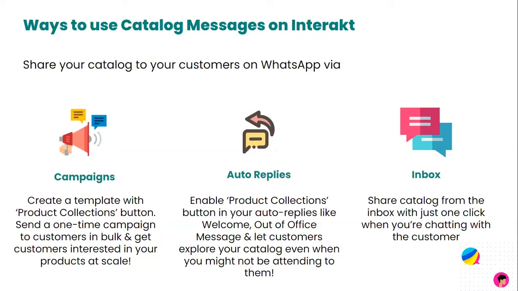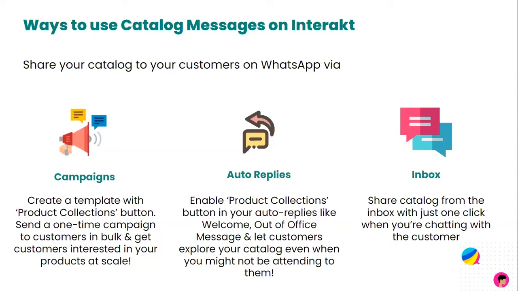to promote it to your customers, you can create a template and add a quick reply button, something like start shopping, view catalog, shop now, check products, or browse collections. You can then send a one-time campaign and add that collection button.